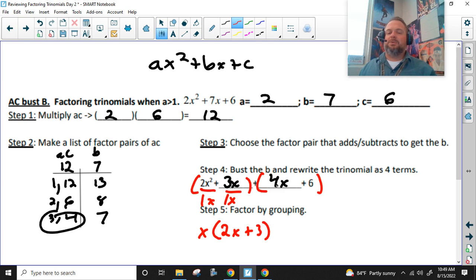What's the biggest number that will divide 4 and 6? 2. I need to learn 2 in some other languages.